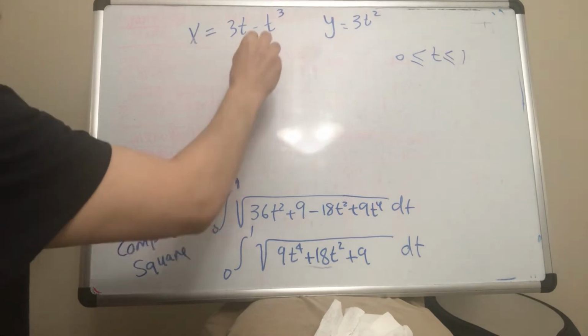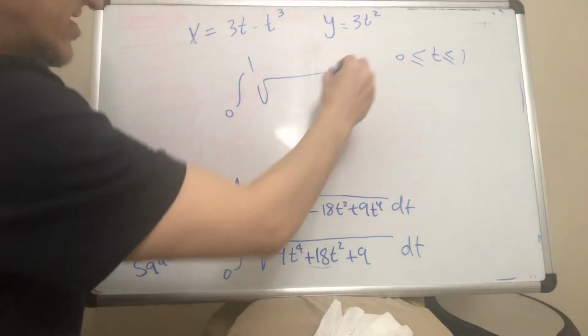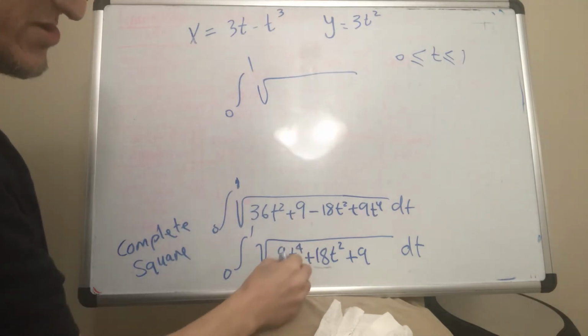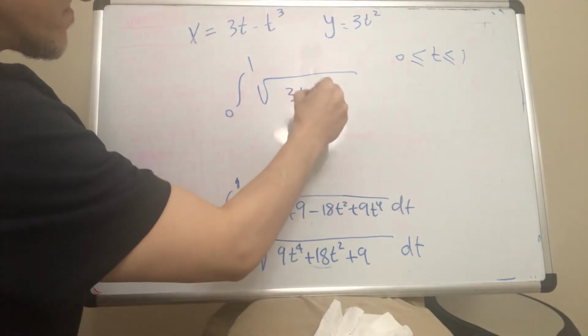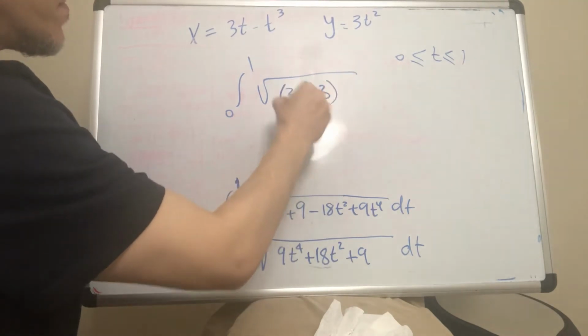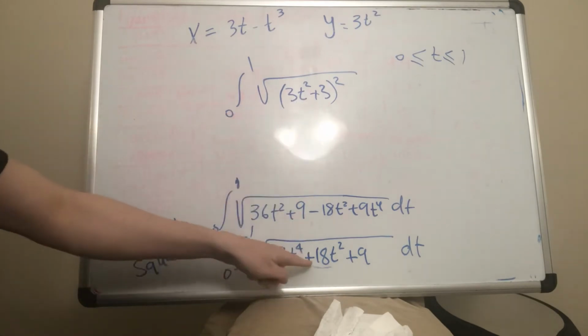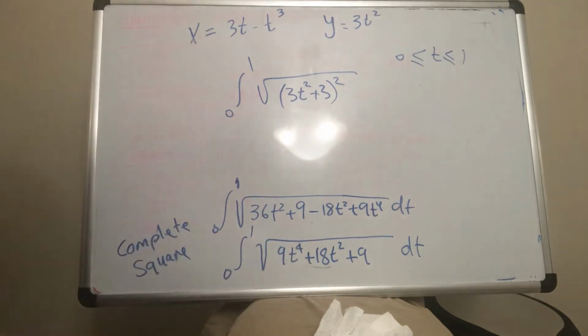Meaning that this, you can write as, you take the square root of this, and the square root of this, squared. If you expand this, you'll see that it will match this.